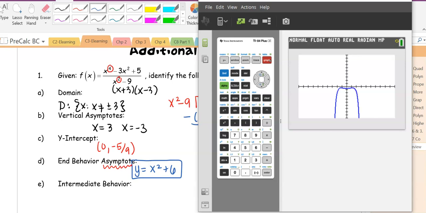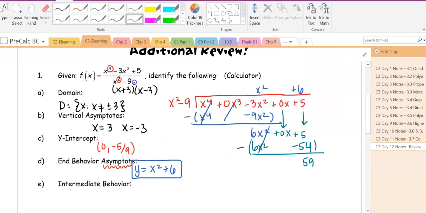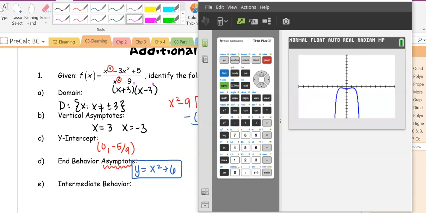Okay, so this is something to be really careful of, all right, because again, you know you have vertical asymptotes at positive 3 and negative 3, and on vertical asymptotes you always have something both to the left and to the right of it. Okay, you also should notice that because your vertical asymptotes have degrees of 1, that your intermediate behavior is going to be going opposite directions.